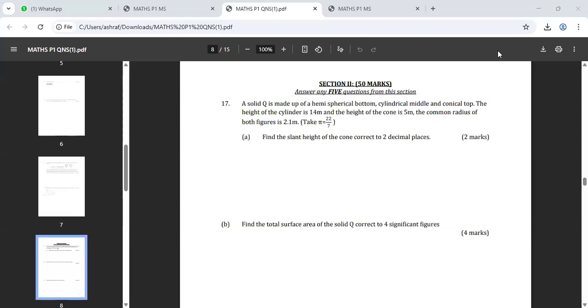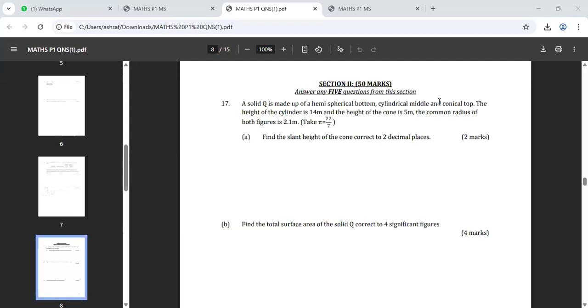So you will take 5 squared plus 2.1 squared. Then you square root to get 5.423.